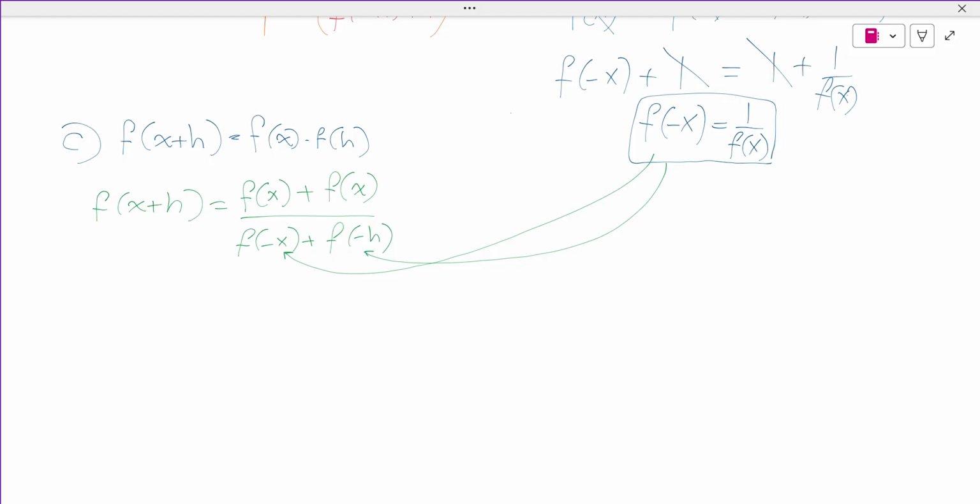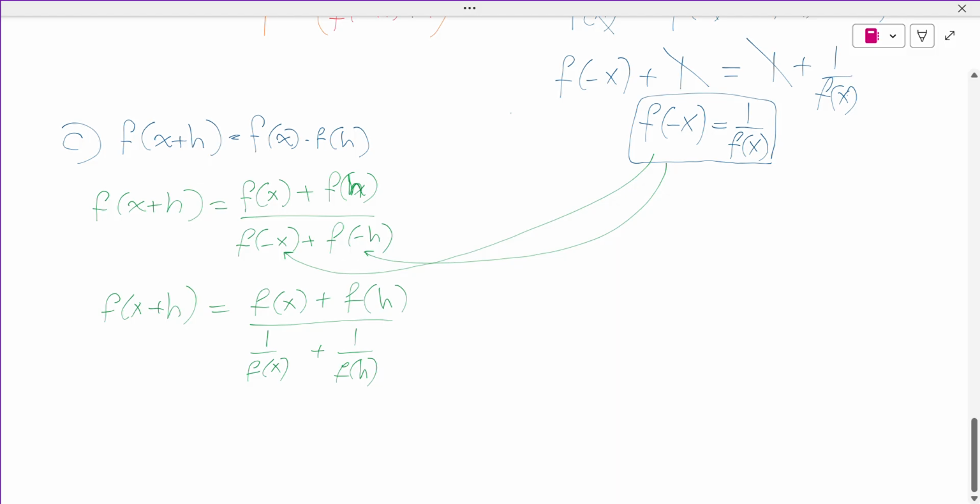So we get f of x plus h, right, equals f of x plus f of h divided by 1 over f of x from part B, and this is 1 over f of h also from part B. So what do we do now?